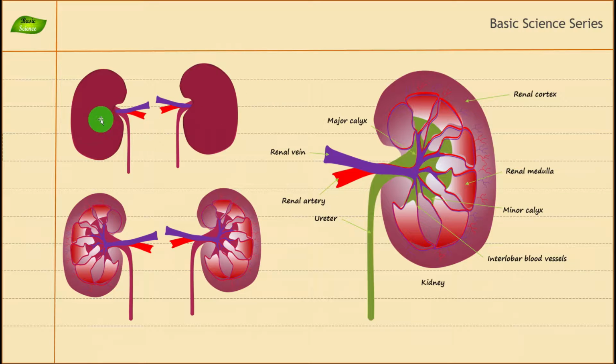So there are a couple of points that I want to discuss before going ahead and designing the structure. When we talk about kidneys, they are present in vertebrates. They are bean-shaped structures. They are reddish brown in color. So you can see here I have tried to make the kidneys reddish brown in color.